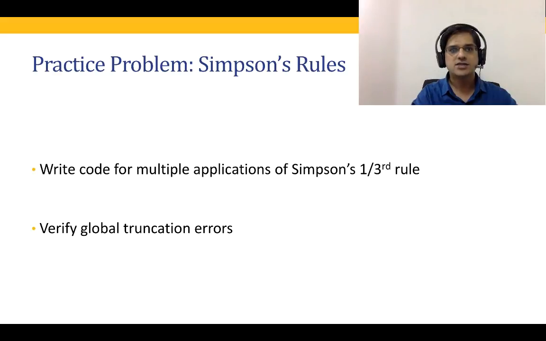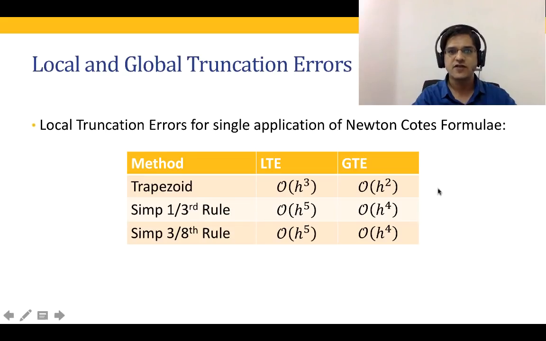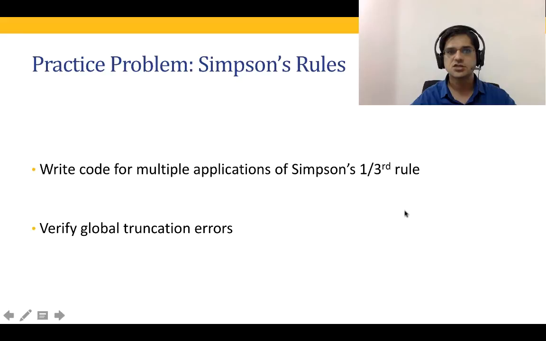As a practice problem, you can solve the same example by writing a code for multiple applications of Simpson's 1/3 rule, and then verify the global truncation error and see for yourself that reducing the step size by 1 order of magnitude indeed reduces the errors by 4 orders of magnitude in Simpson's 1/3 rule.